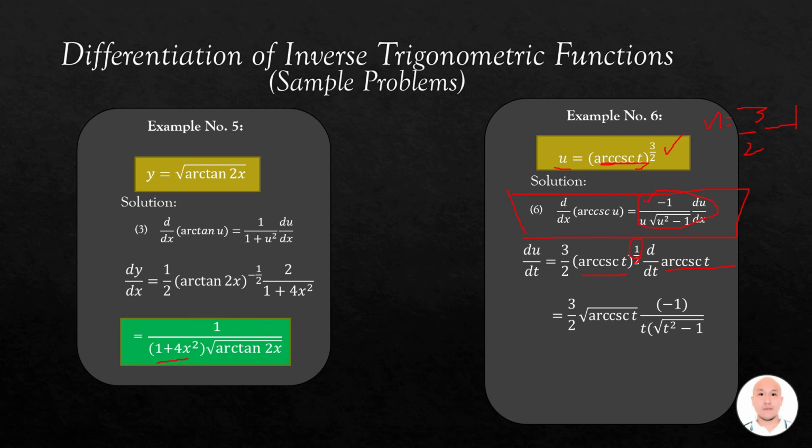So 3 halves our cosecant t, then negative 1 here over u. So our u here is t times the square root of u squared, so t squared minus 1. Then our final answer now is equivalent to negative 1 times 3 is negative 3, our cosecant t over here, 2 times t, so 2t times the square root of t squared minus 1. So this is our final answer for problem number 6.